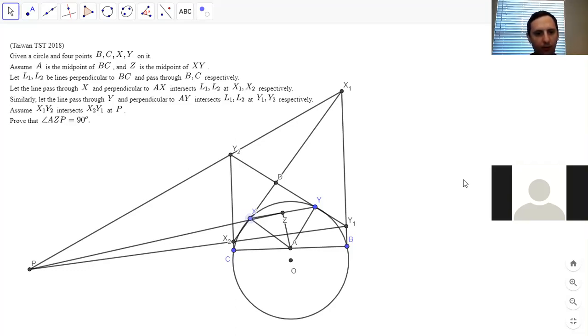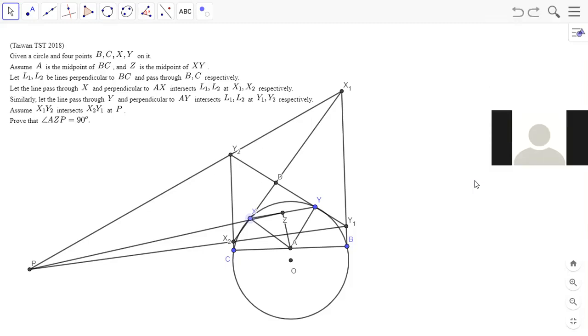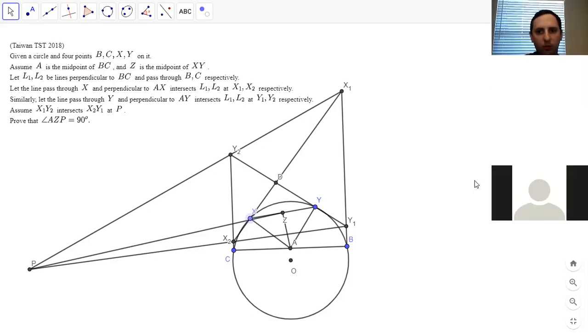So what's a good way to show this? We want to show angle AZP is 90 degrees. We know angle OZX is 90.